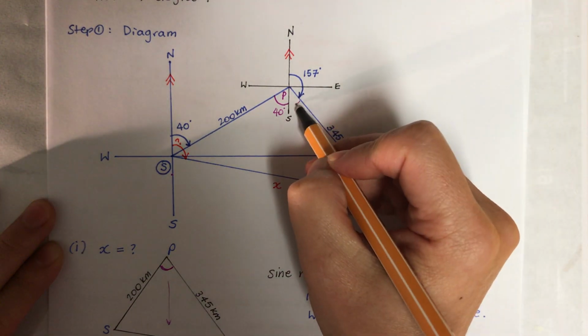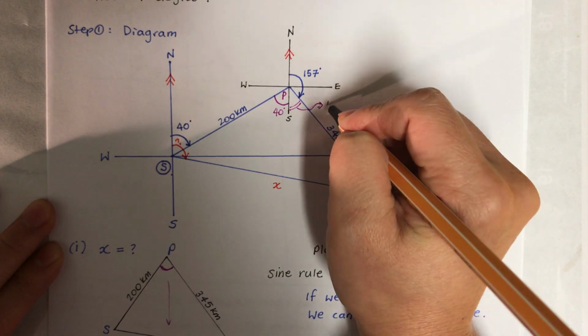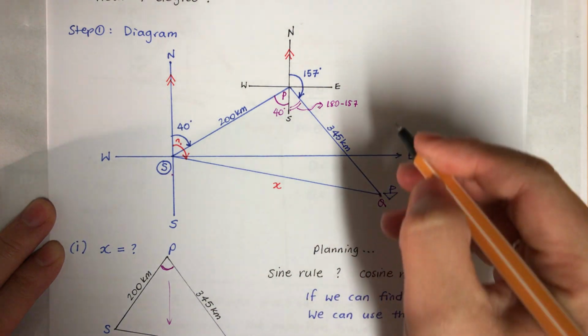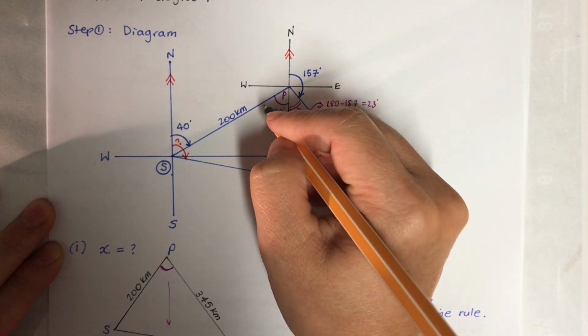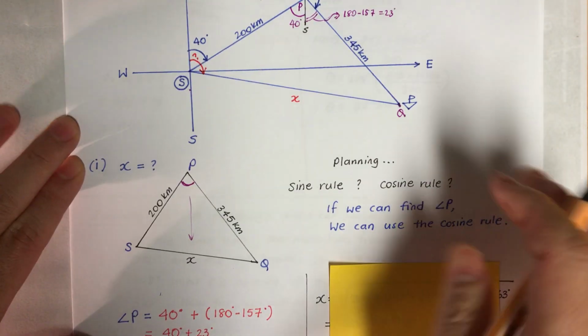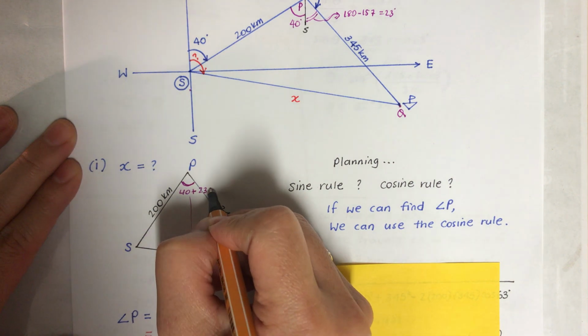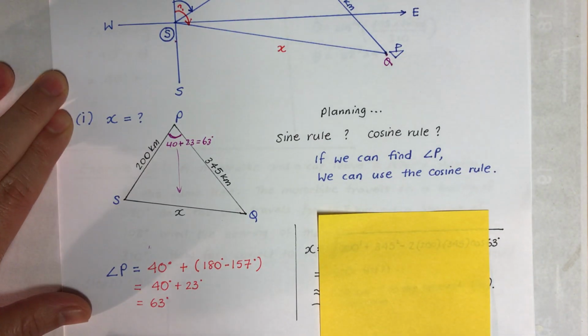And here is what? 180 take away 157. So what's that going to be? It's 23. So what's P going to be? It'll be 40 plus 23, which is 63. Voila, there you go. So we got 63 right there.